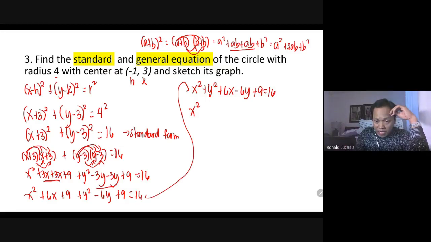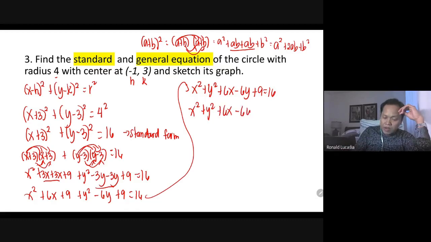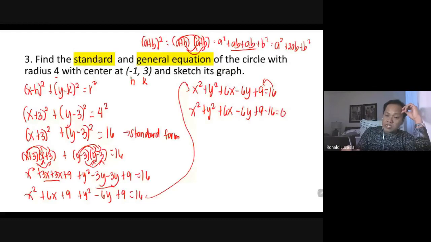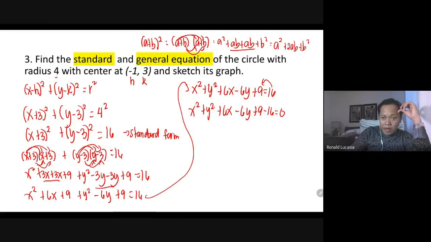Just give me a time to finish this one. Plus y squared plus 2x, did I miss something? Minus 6y plus 10. You'll have to transpose this. Minus 16 is equal to 0. Okay? Someone is raising her hand or his hand.